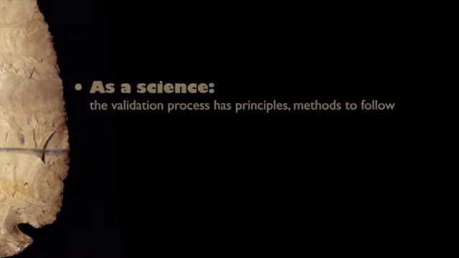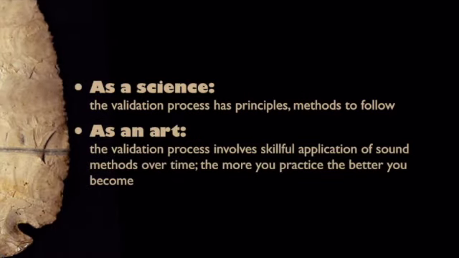This really involves approaching it as a science. And what we mean by this as a science, just like what we did when we looked at textual criticism, is there's a set process of principles or method to follow. So we're going to walk through that method of how to look at commentaries, how to look at different translations, but it's also an art.